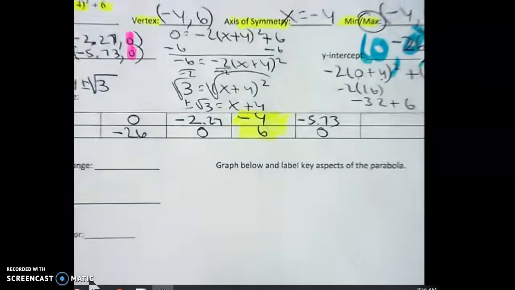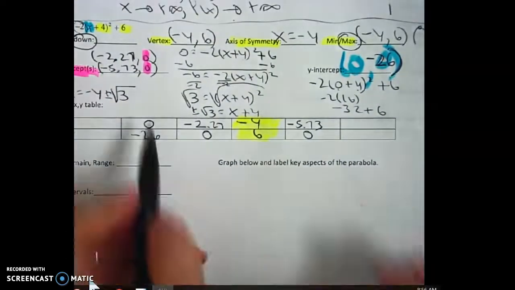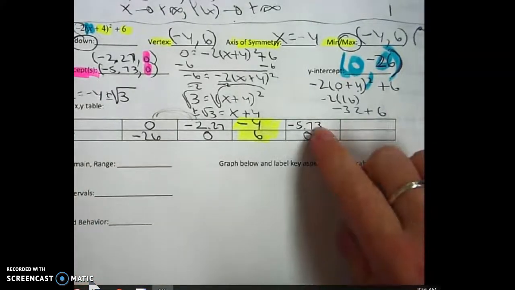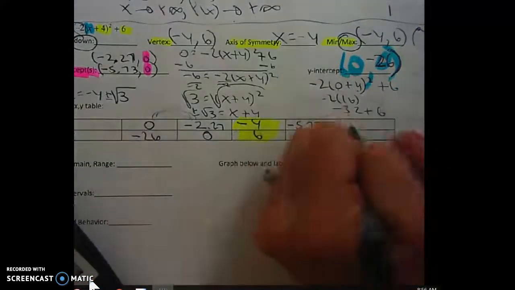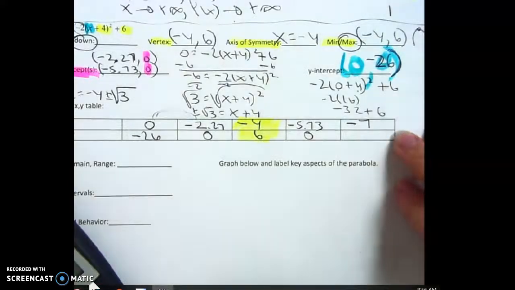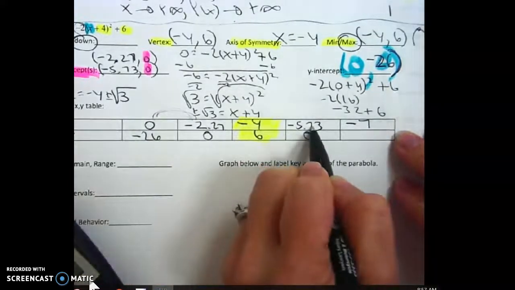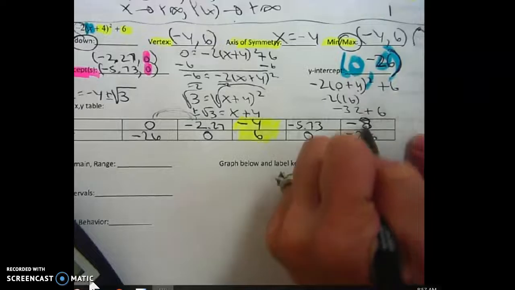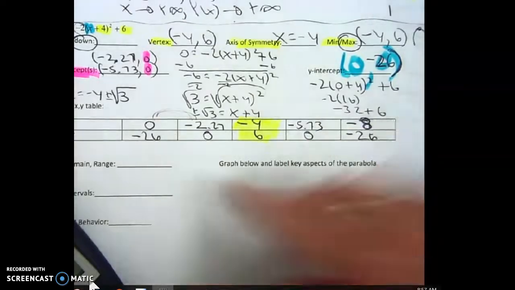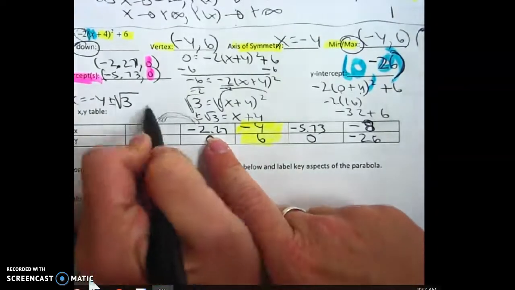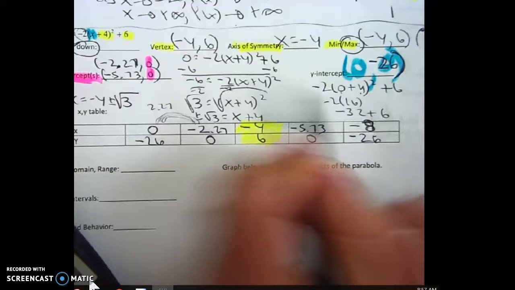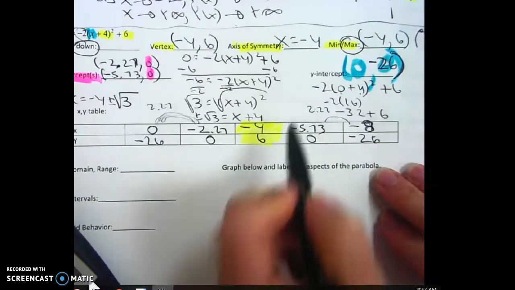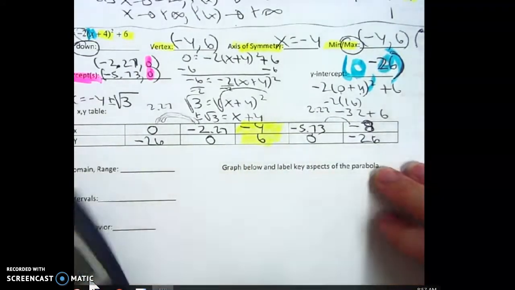Now, the distance from here to here is 2.27, so the distance from here to here is also 2.27. I just add that in my calculator and I get -8. So (-8, -26).